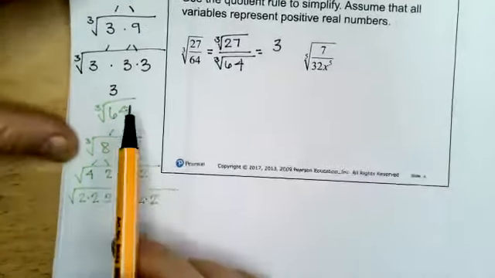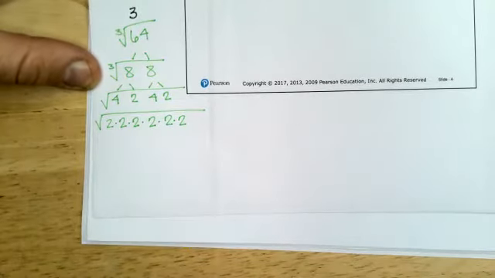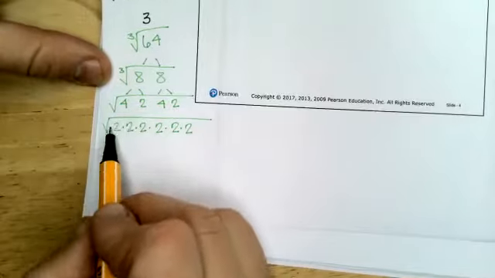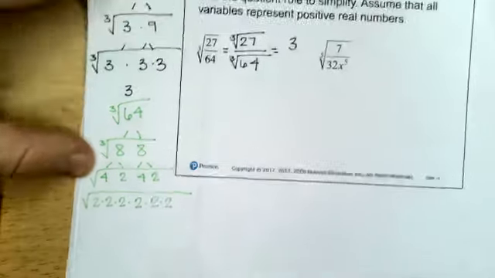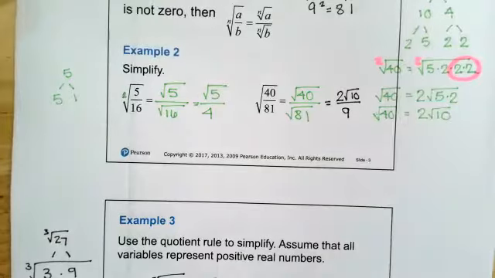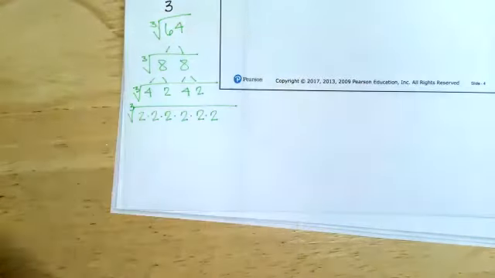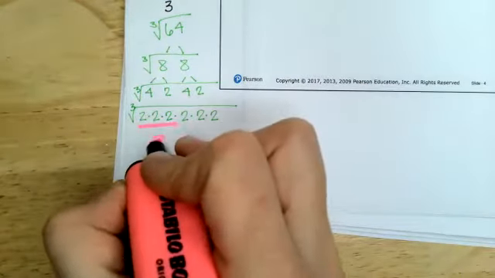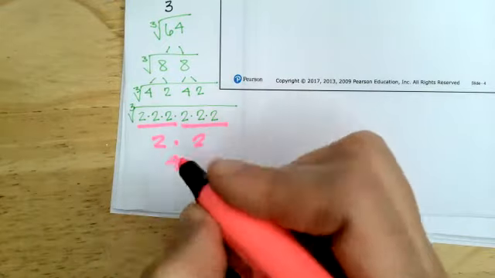So the factor tree for 64, the prime factorization is just 2 times 2 times 2 times 2 times 2 times 2. Right? So these 3 become a 2 and these 3 become a 2, because when we take them out, they become themselves. You have to take out the number that is outside, that is the index. So there are 3 2s here, so that's 2, and 3 2s here are 2. 2 times 2 is 4.